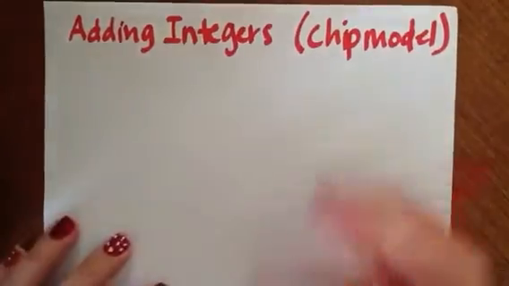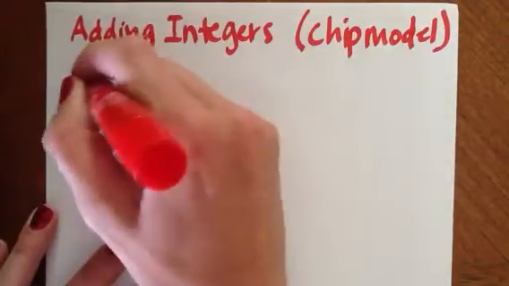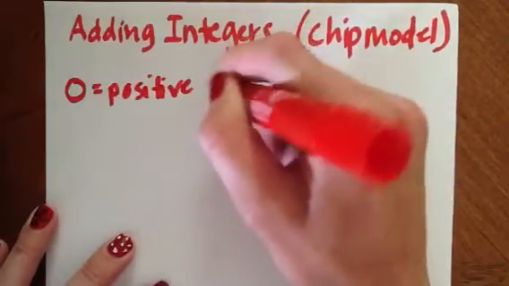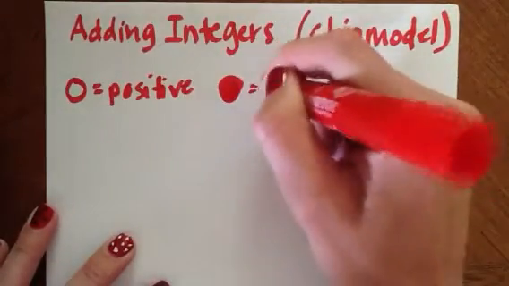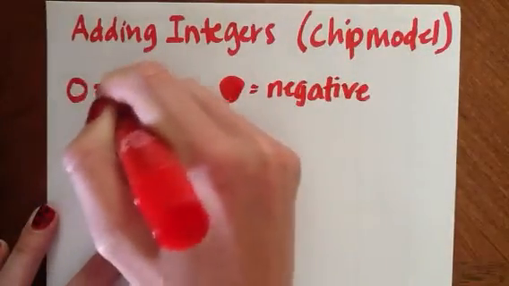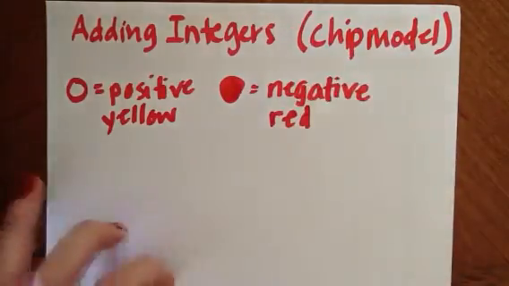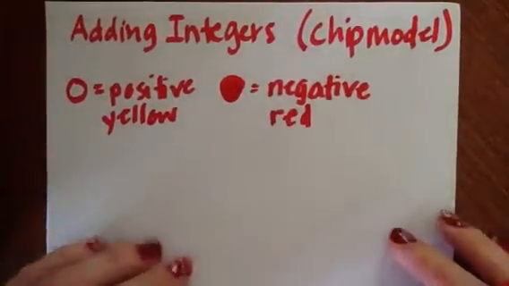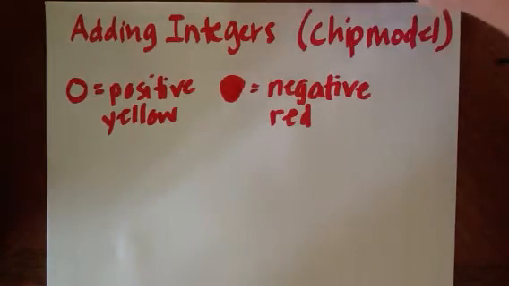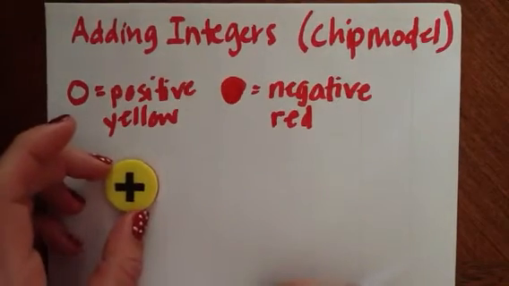Something else you might see, instead of using the chips, are just open circles, which are positive, and then closed or shaded circles, which are negative. So I'm going to put yellow underneath this and red underneath here, just so that we can remember what each represents.